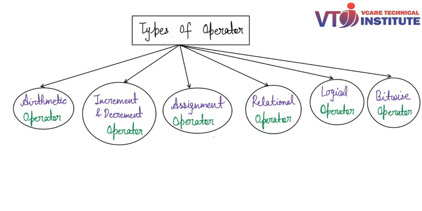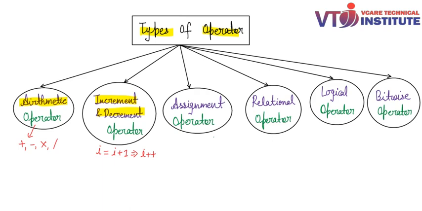So basically, there are types of operators like arithmetic operators, then increment and decrement operators. As I have already stated briefly, arithmetic operators are plus, minus, multiply, divide. With increment and decrement operators, your variable value increases by one, and in short we can write i plus plus.